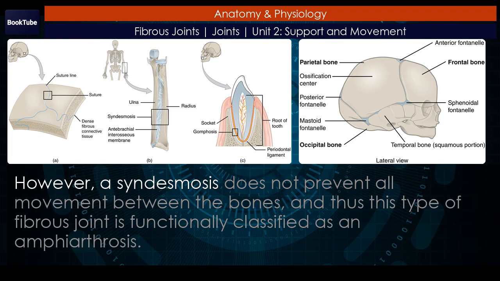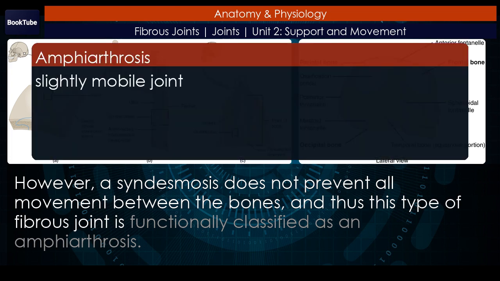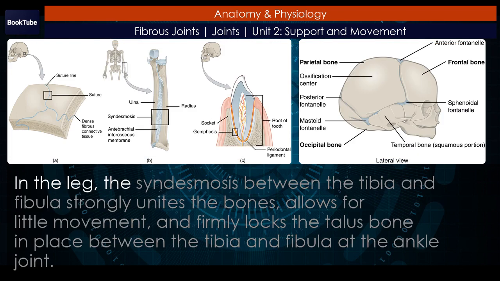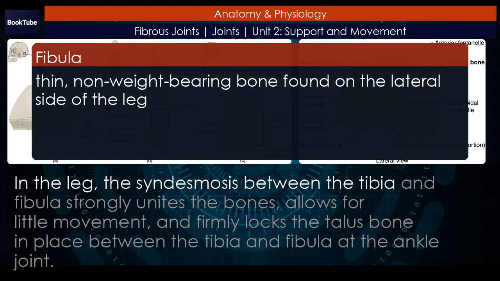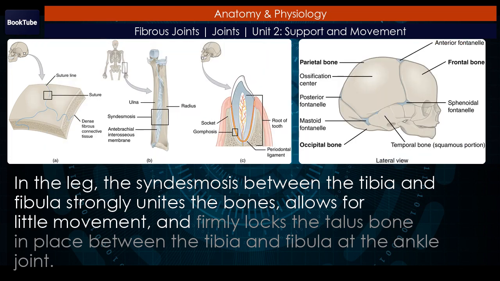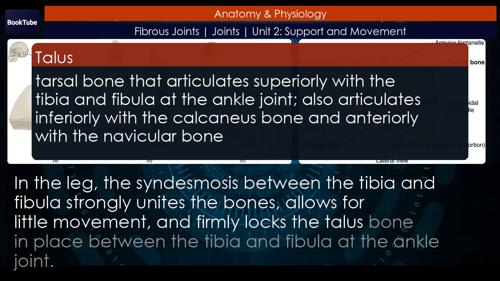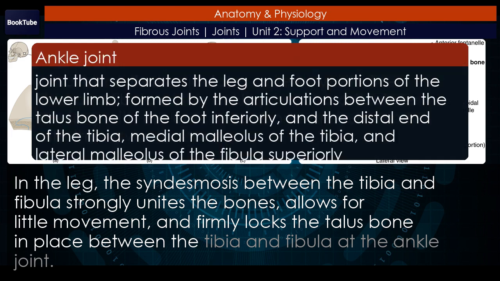However, a syndesmosis does not prevent all movement between the bones, and thus this type of fibrous joint is functionally classified as an amphiarthrosis. In the leg, the syndesmosis between the tibia and fibula strongly unites the bones, allows for little movement, and firmly locks the talus bone in place between the tibia and fibula at the ankle joint.